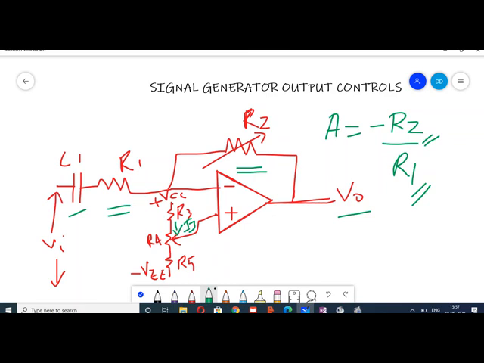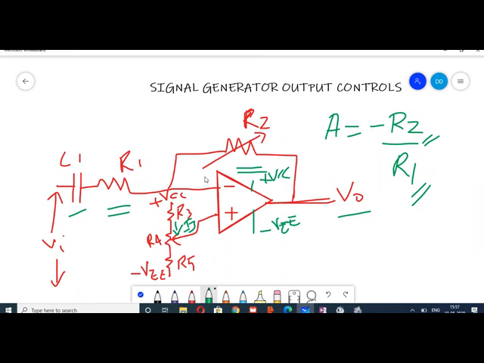So we have an arrangement of 3 resistors R3, R4 and R5, wherein R4 is variable and it is connected to the positive and negative of the supply. Even here we have the positive of the supply and here we have the negative of the supply. So with this arrangement, the DC output voltage can be adjusted above or below the ground.